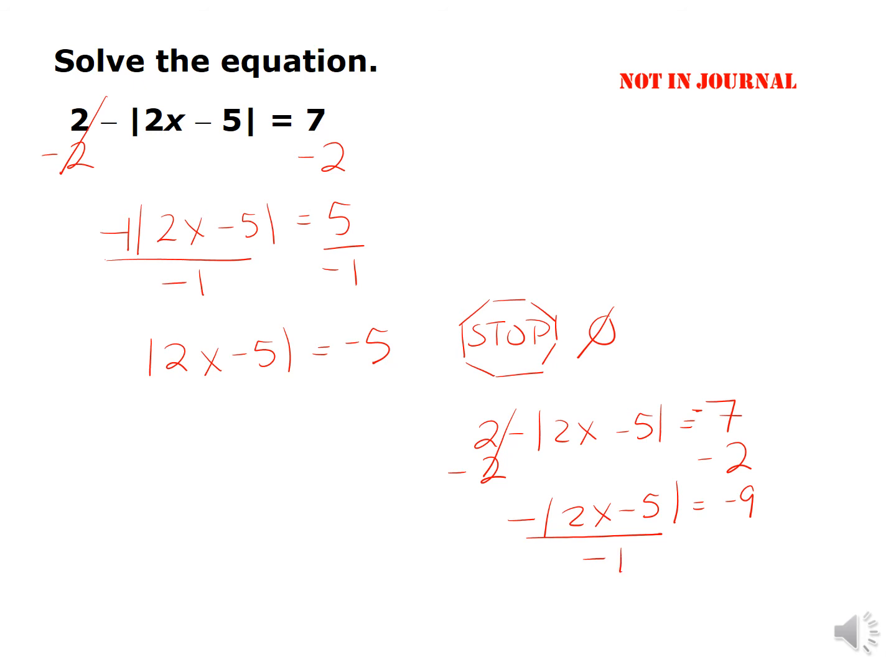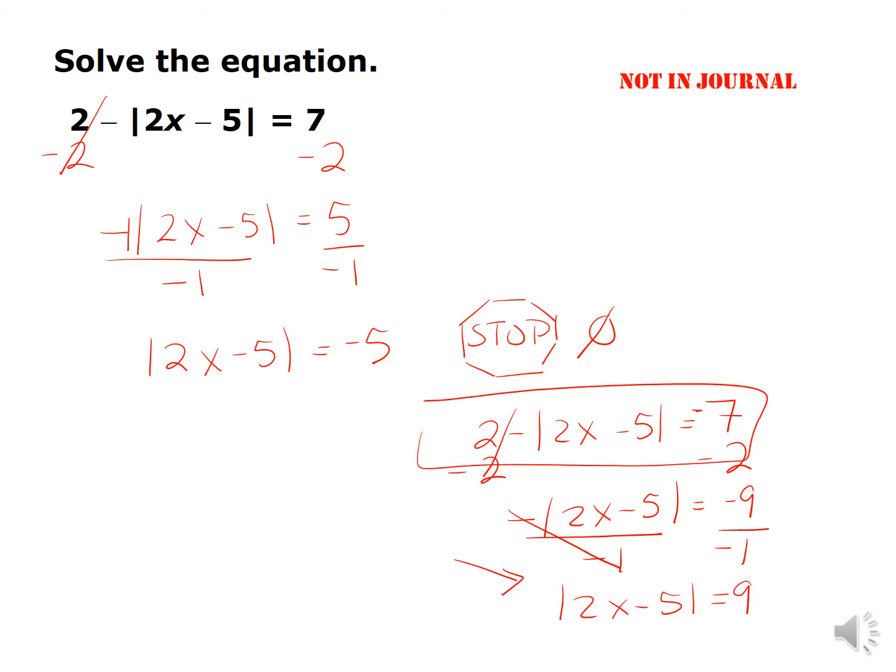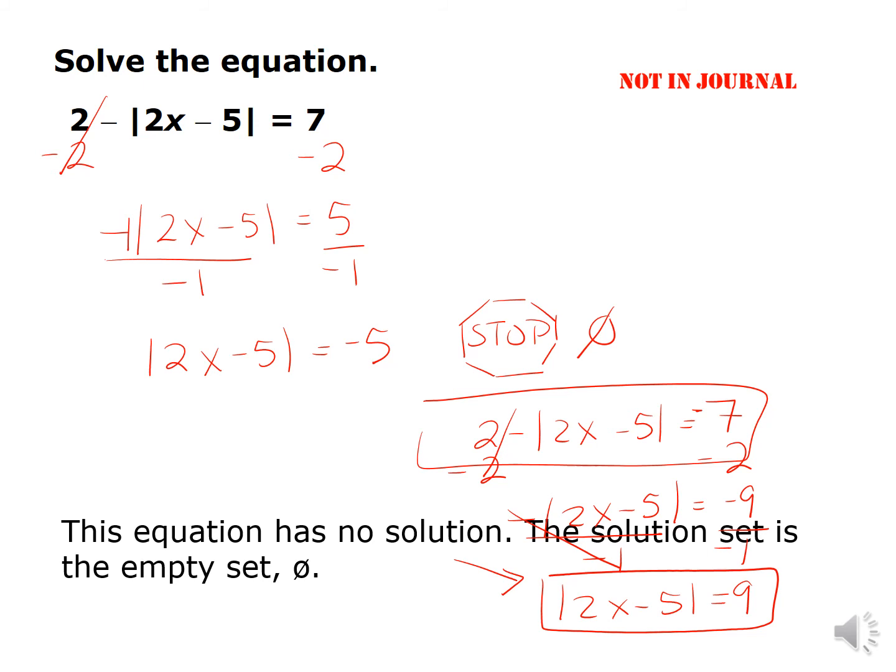And then when I divide it by negative 1, it would be a positive number, and so I could still solve it. So always take the time to calculate it until it's isolated. Don't make decisions about it back here. Isolate it to see if it's going to work. Okay? I'm talking about this one.